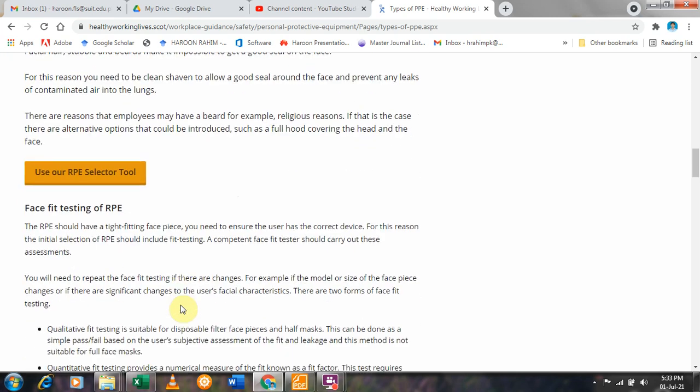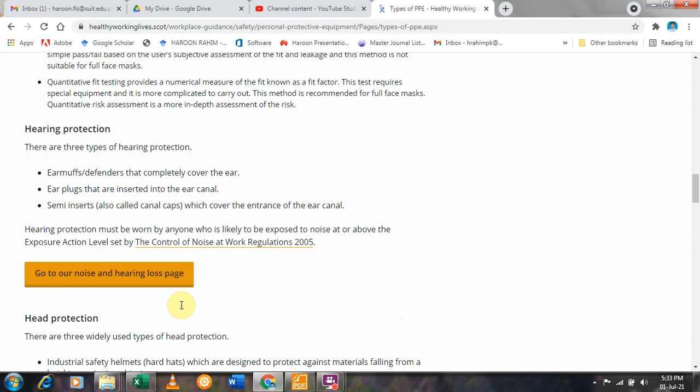Similarly, fit testing of RPE, different tests are similar here. Hearing protection, there are three types of hearing protection. Earmuffs, also termed defenders, that completely cover the ear. Earplugs that are inserted into the ear canal.